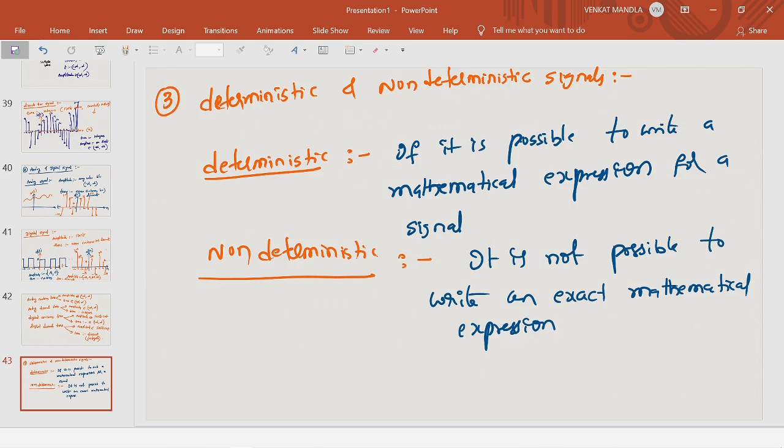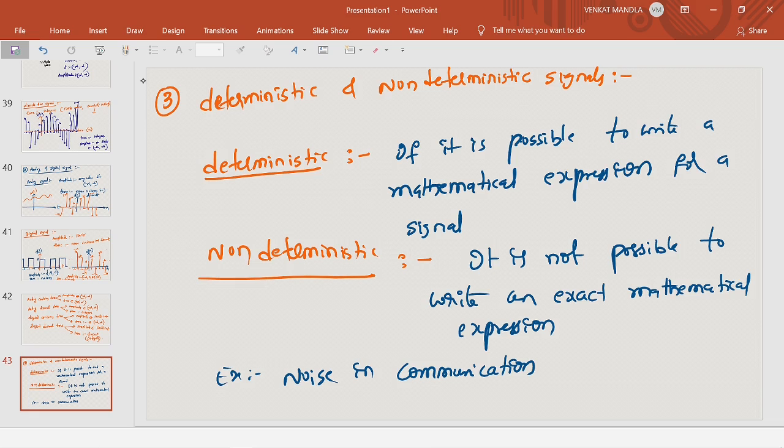For example, noise in communication. You cannot write a mathematical expression for noise. Okay, n of t. You don't know n of t, but you know the statistical values, so you can estimate them by repeated number of experiments. So this is a random signal, or non-deterministic signals are also called random signals.